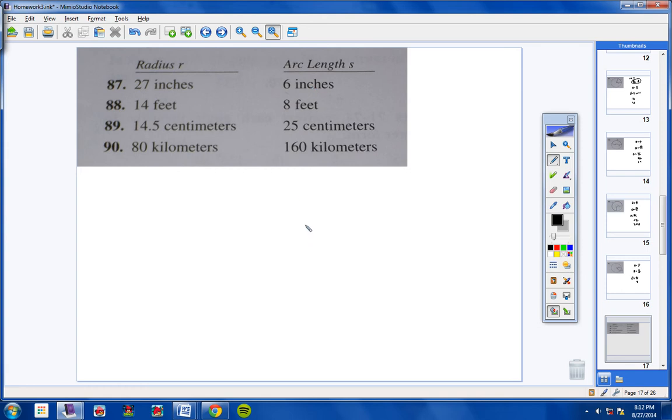Our formula is theta equals S over R. So theta equals arc length 6 over radius 27, and your answer would be 6/27 radians, or 0.2 repeating. 6/27 can be reduced by 3, so 2/9 radians, or 0.2 repeating radians.